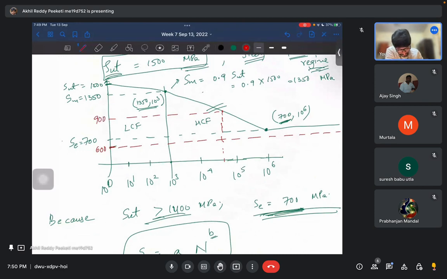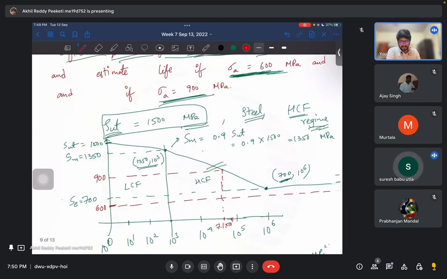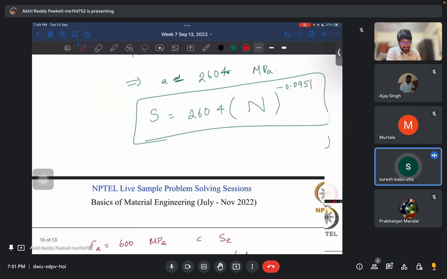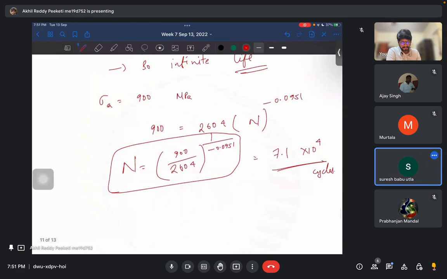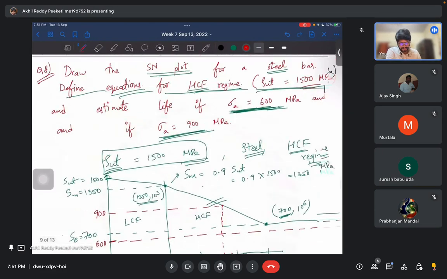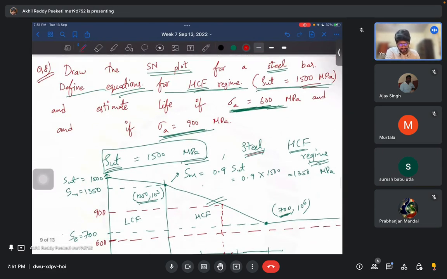So this is 900. Okay. So this is how, without actually knowing anything, if you know that it is steel, and if you know the ultimate tensile strength of that steel, we can actually do a guess estimate for the factor of safety for a given amplitude.